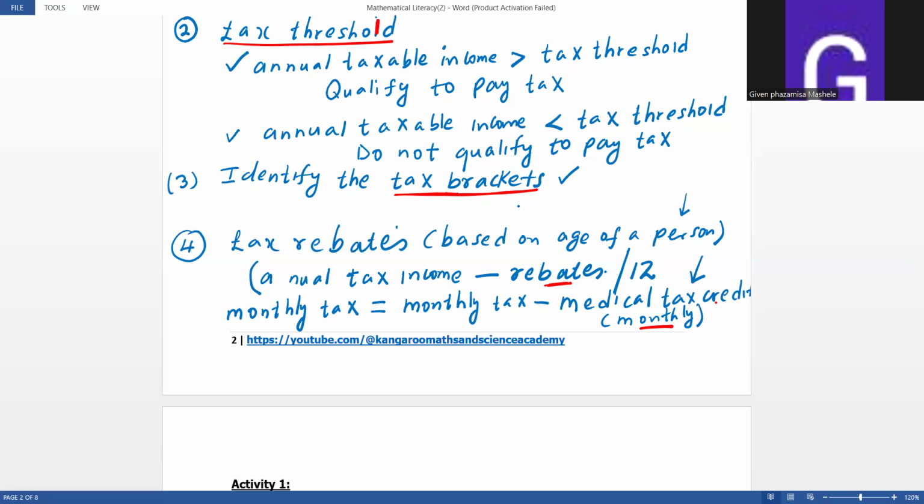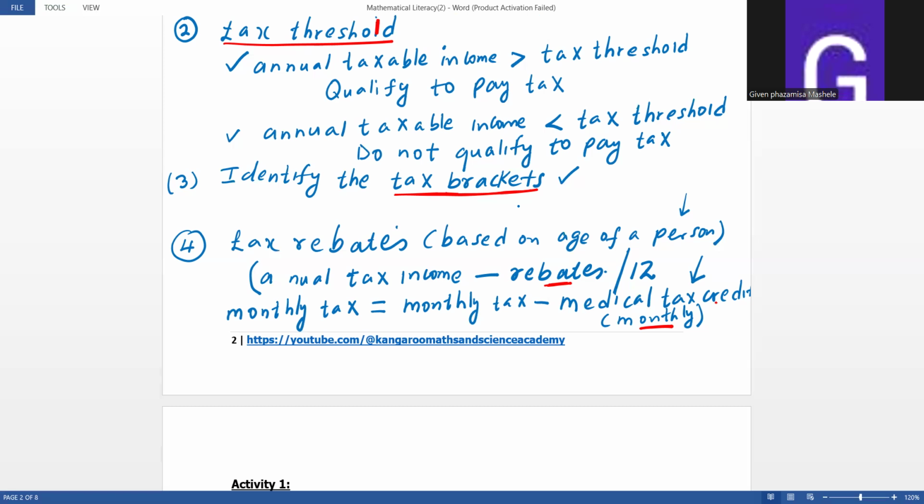Then you subtract the rebates based on the age of the person. If the person is less than 65 years, they qualify for the primary rebate. If they are between 65 and 74, they qualify for primary and secondary.